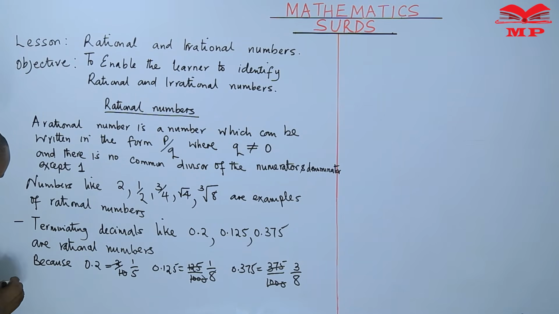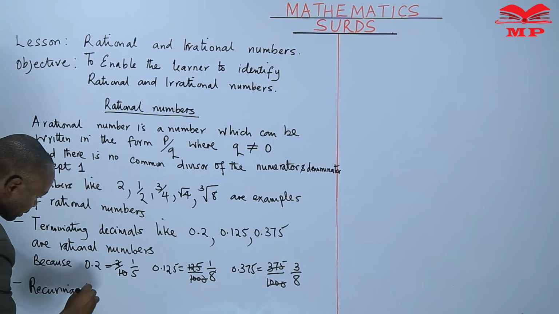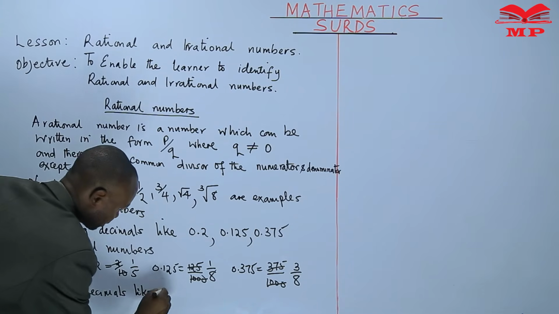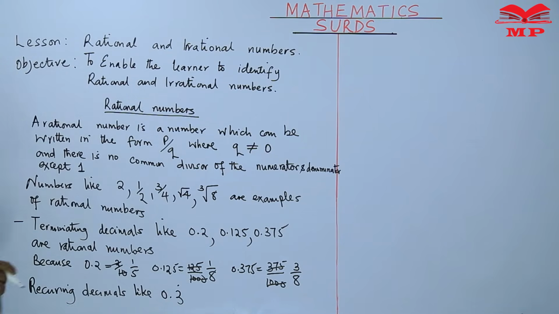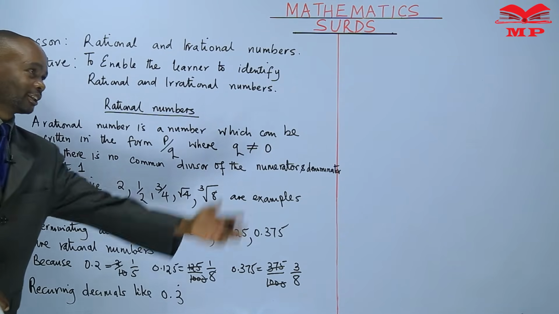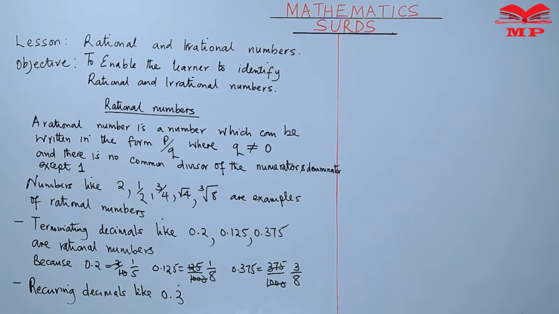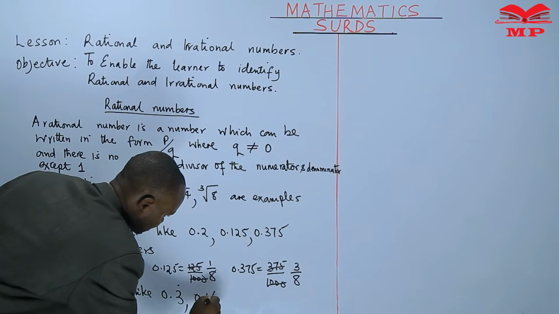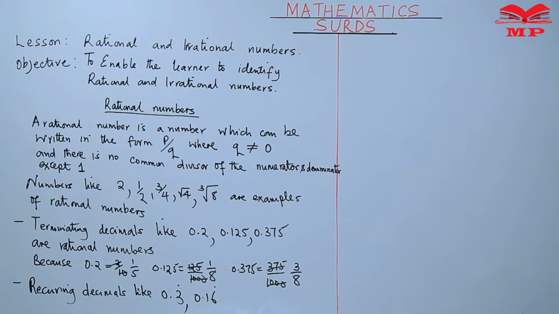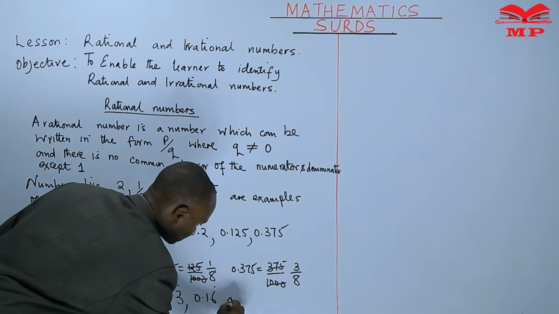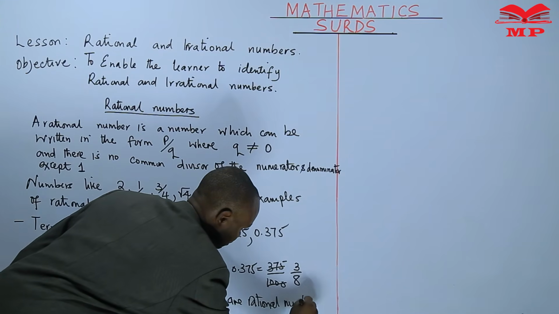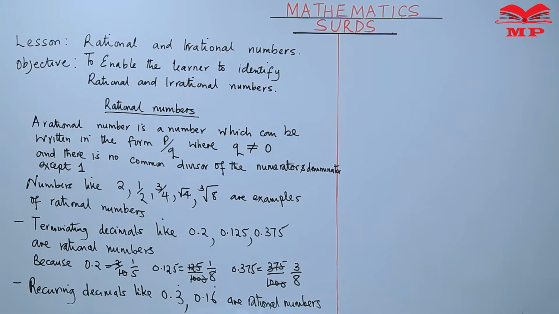We are also told recurring decimals like 0.3 recurring, where you can write those 3's to the end of the world, and 0.166 recurring, are rational numbers.